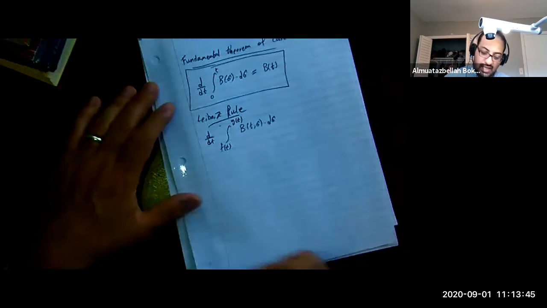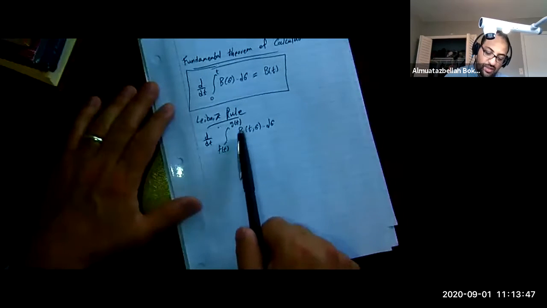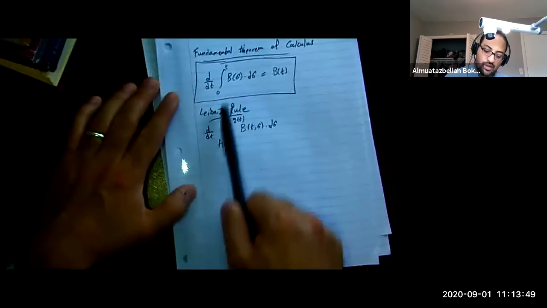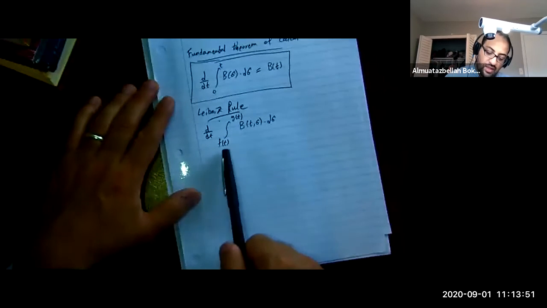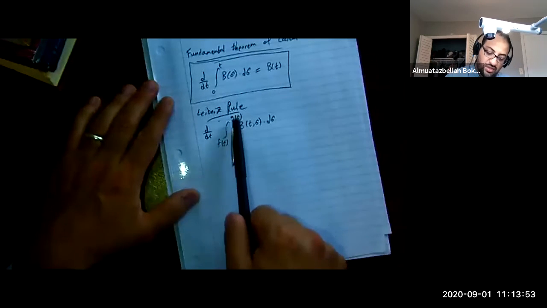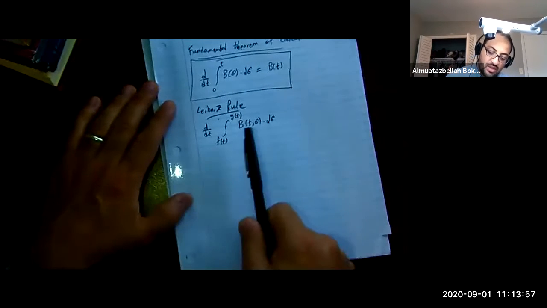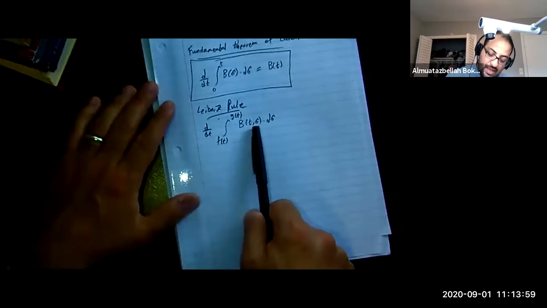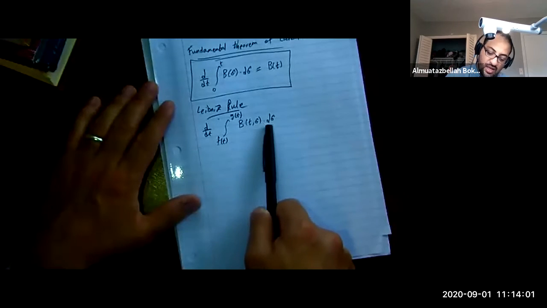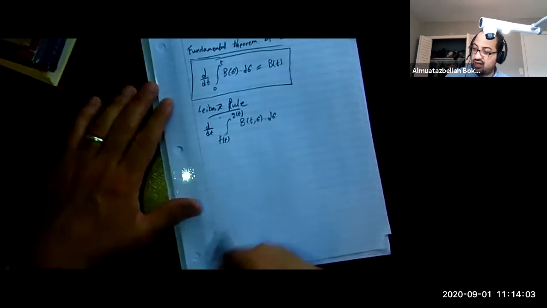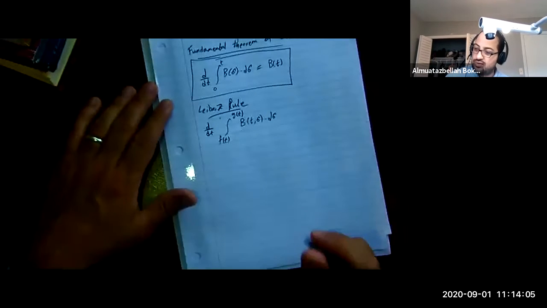Notice the difference between this one and that one. In this one, the limits of integration are functions of time, nonlinear functions of time. And the integrand is a function of time and sigma, which is the dummy variable that I'm integrating with respect to.